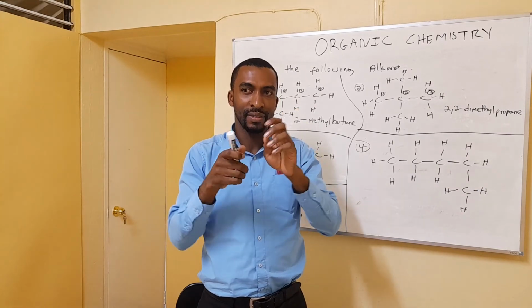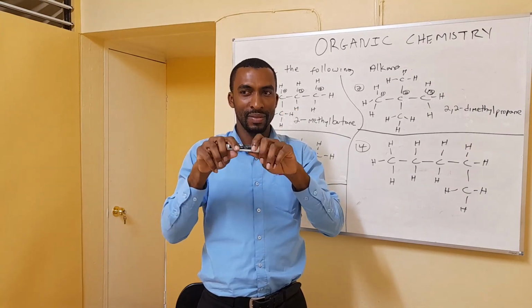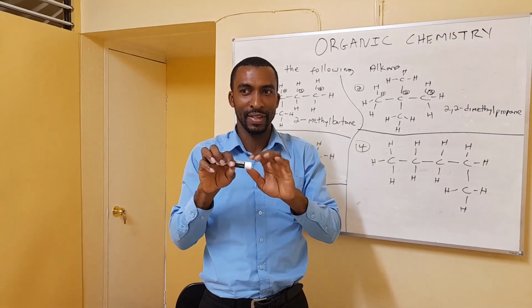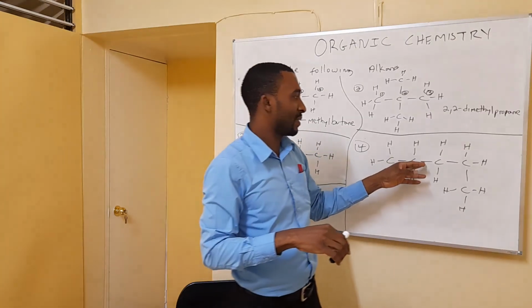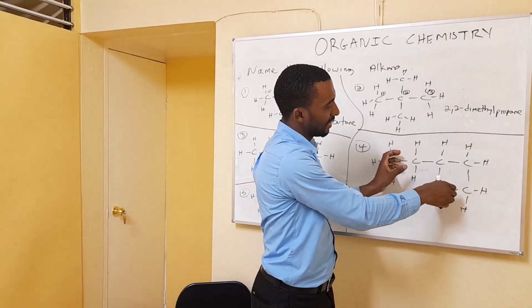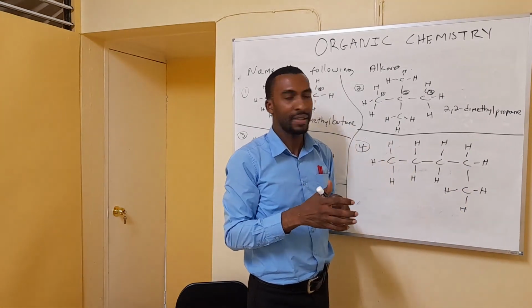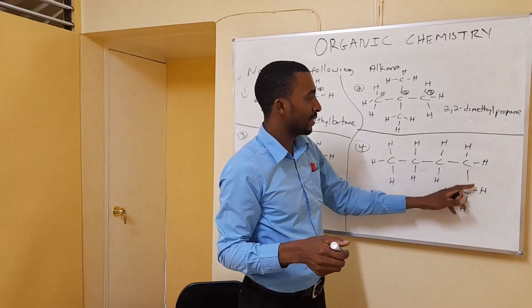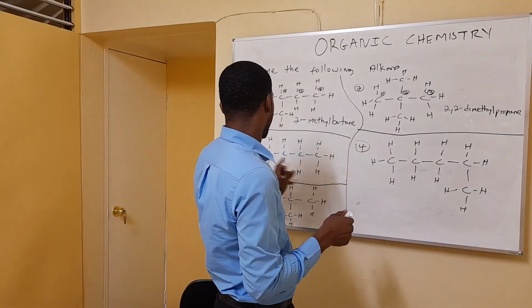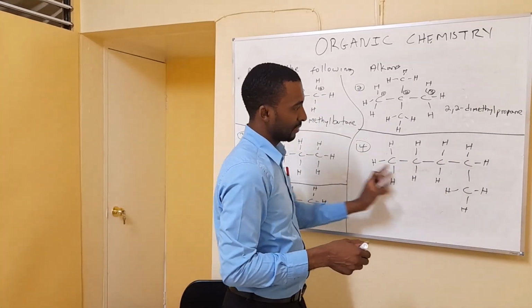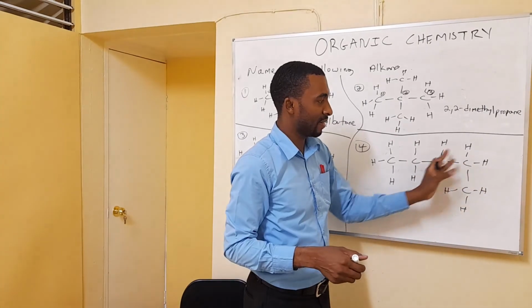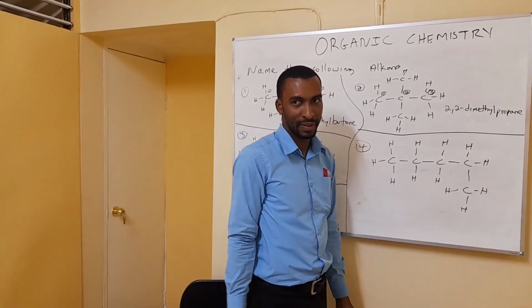The bonds are free to bend and move. So even this molecule, we could technically bend it here. In reality, it can bend and vibrate. So this molecule really is the same thing as this molecule. It's actually not a branch.